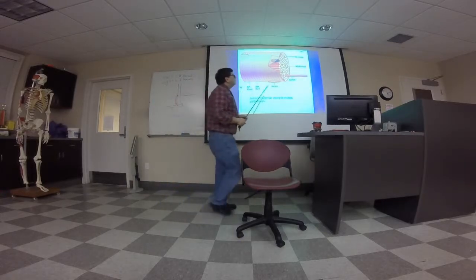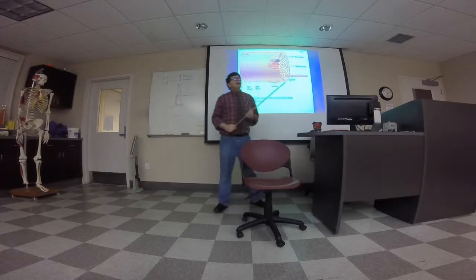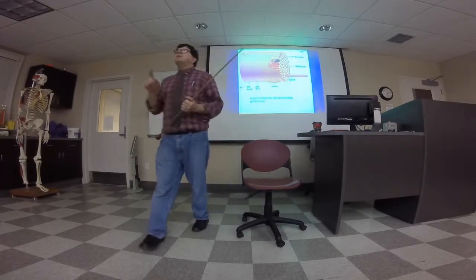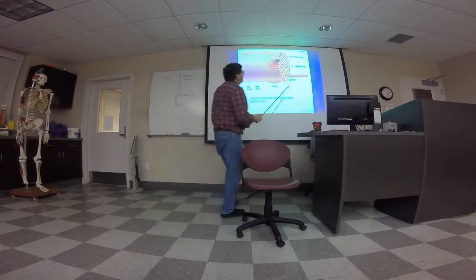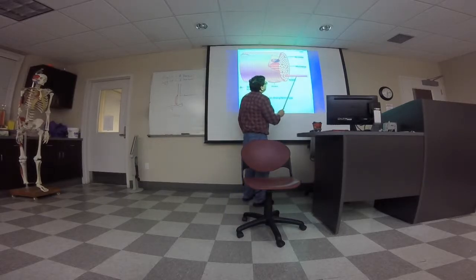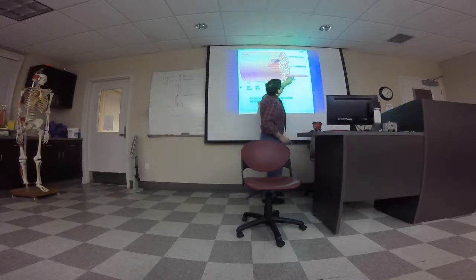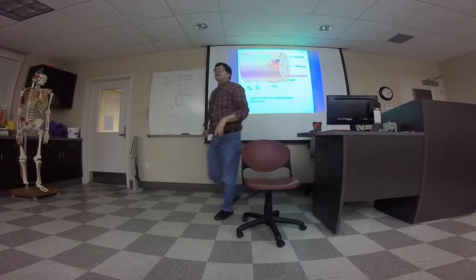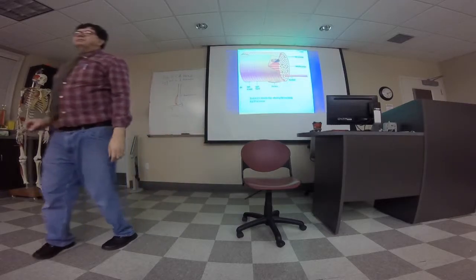Now to show you something that many of you may not have noticed if I wouldn't point this out. Here's your dark band. Right next to it, this lighter staining band. And then running down the center of this light band here, see this dark line? That's called a Z-disc.